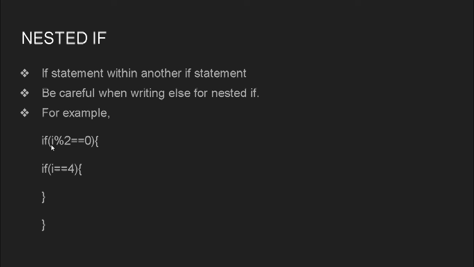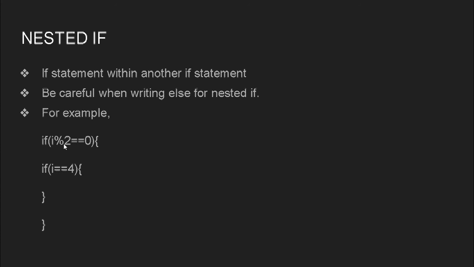Let me explain what is happening here. First of all, I am taking an input variable i. I don't know what the value of i is, and that doesn't matter right now. I am checking whether i modulus 2 equals 0 or not. That means I am checking whether this is an even number or not. And after that I am checking whether the value of i equals 4. You can see it right here.